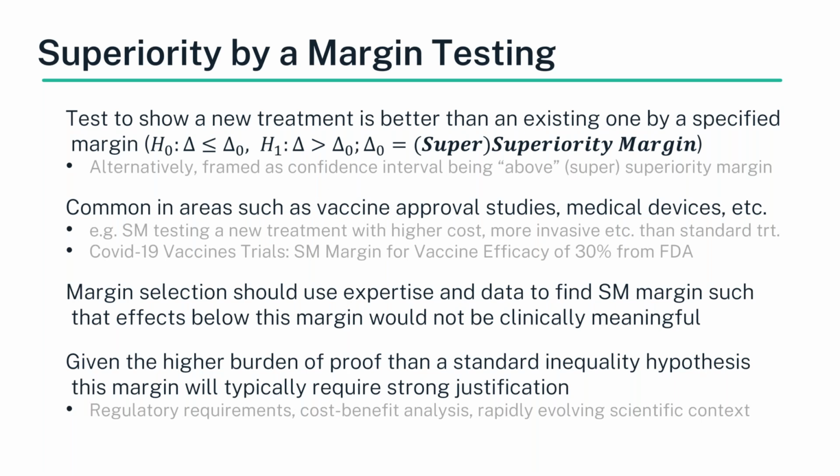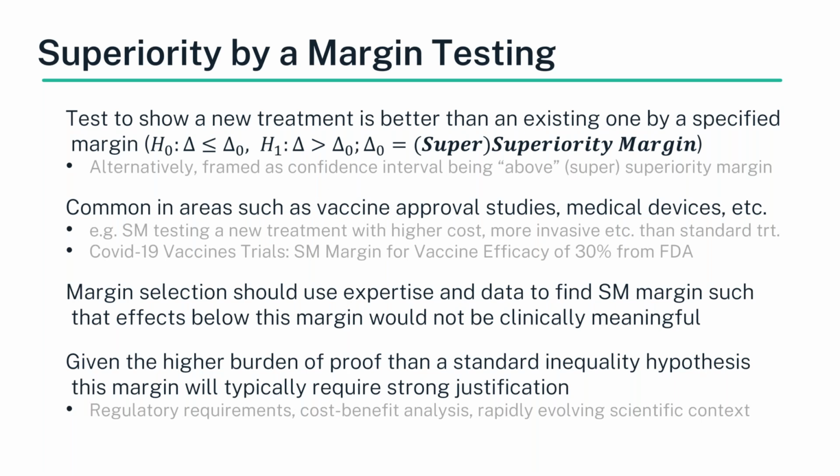This is very common in vaccine studies, medical devices, surgeries, etc. And as I mentioned earlier, for the COVID-19 vaccines, it was an FDA mandated requirement to have a vaccine efficacy of greater than 30%, as opposed to a standard inequality test.